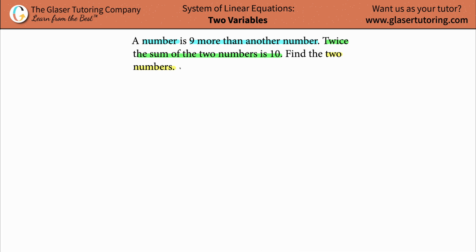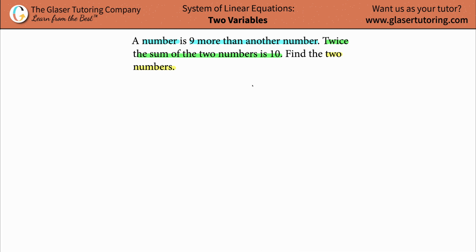Now, in this case, there's really no real-world application here. We're just talking about numbers, nothing to do with making cookies or going to an amusement park. And usually, if they give you those type of examples, we'll be a little bit more flourishy with our variables. But here, since we're just talking about a number that is greater than another number, we're just going to call them our numbers.